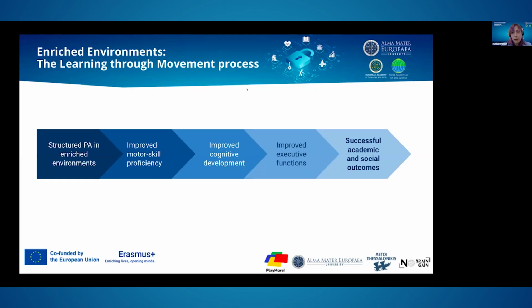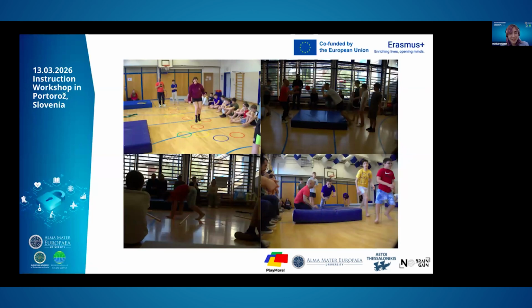So I wanted to give you an example of what these enriched environments are. We were actually in Slovenia, in Portorož, on Friday, and we had the amazing opportunity to assist a physical education class in an elementary school aimed at serving children with cognitive and sensory disabilities.